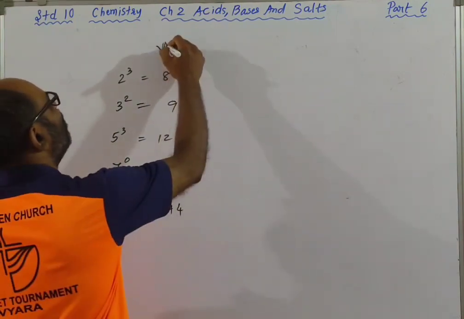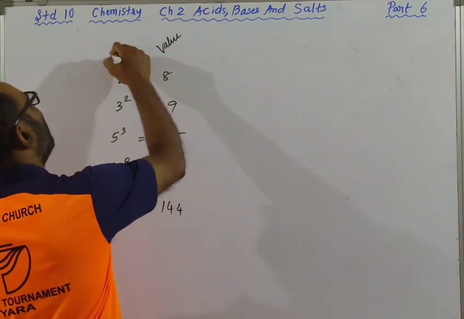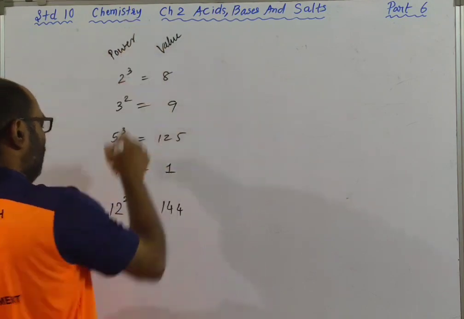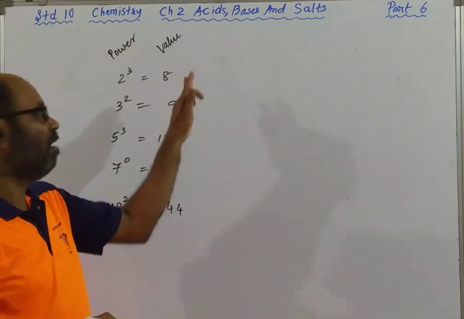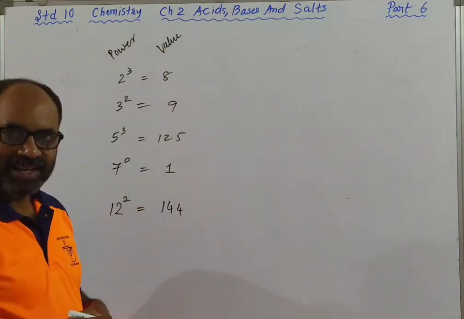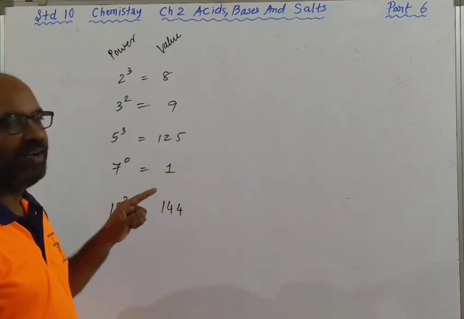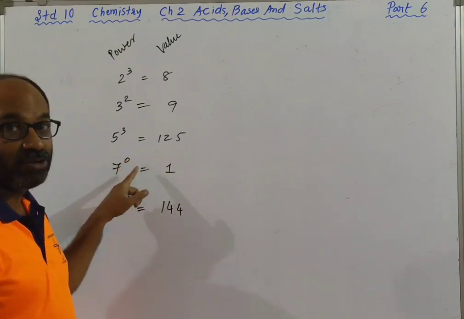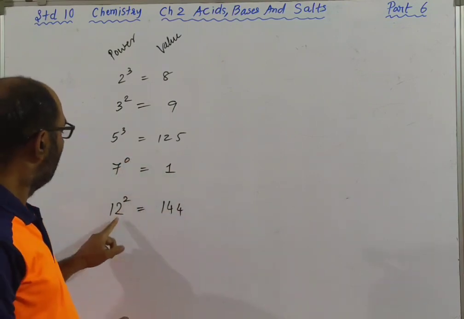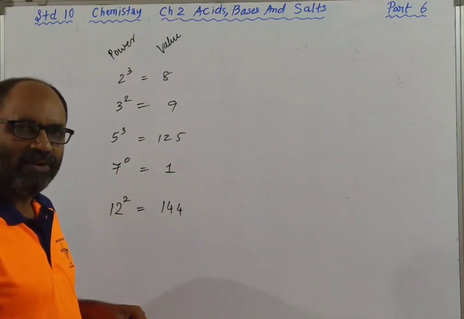This is the value of the power and this is the power. On the left hand side you will get the power and the value of that power on the right hand side. Correct? 3 square, 3 3 is 9. 5 cube, 5 into 5 into 5, 125. 7 raised to 0, anything raised to 0 is 1. 12 square, 12 12, 144.